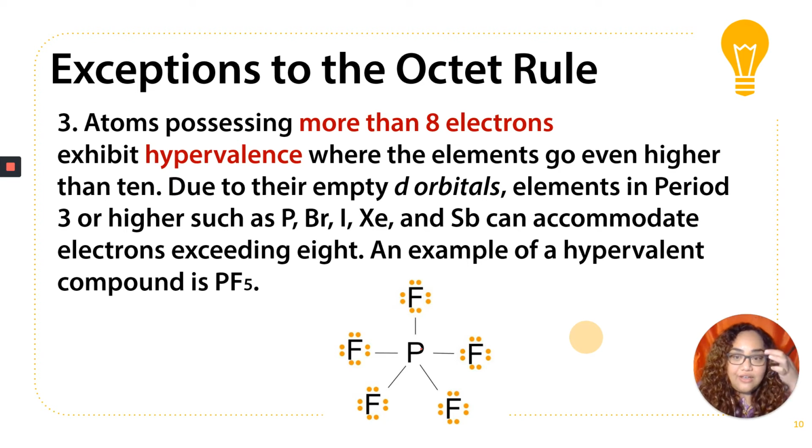This is phosphorus pentafluoride. Now, if you look at phosphorus, how many electrons are surrounding phosphorus? You have 2, 4, 6, 8, 10. Does that make the compound unstable? No, because phosphorus can exceed the 8 electrons required for it to be happy.